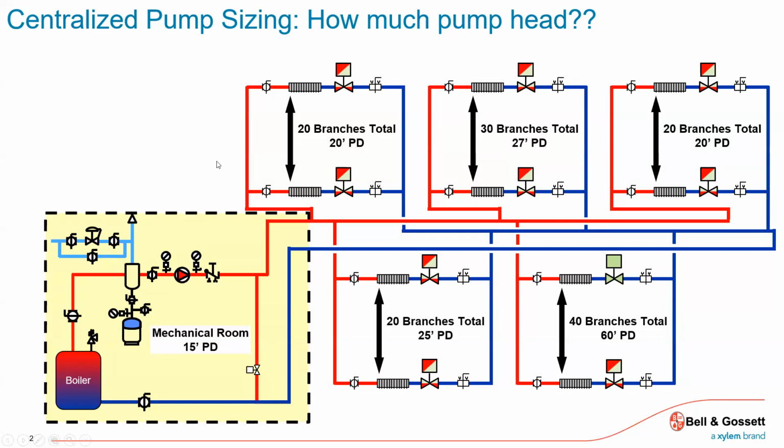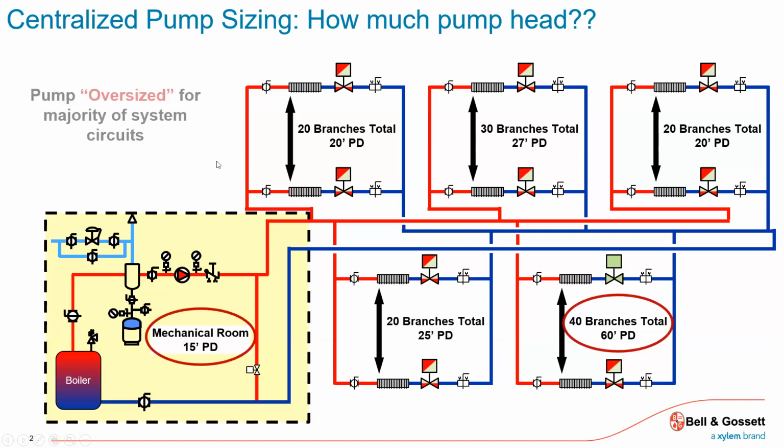So I have the central plant, I have this distribution pump, and he's responsible for feeding all of these, whatever these are, terminal units, zones, apartment buildings, college dorms, whatever it is. How much pump head does this one distribution pump need? Because it's responsible for getting flow everywhere.